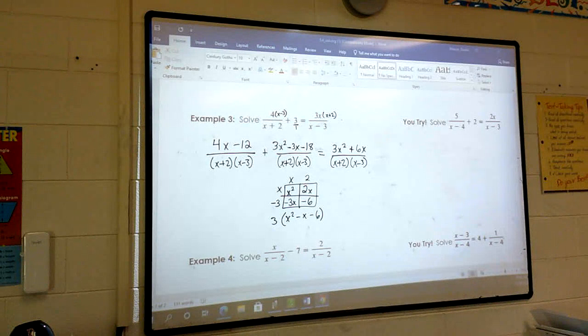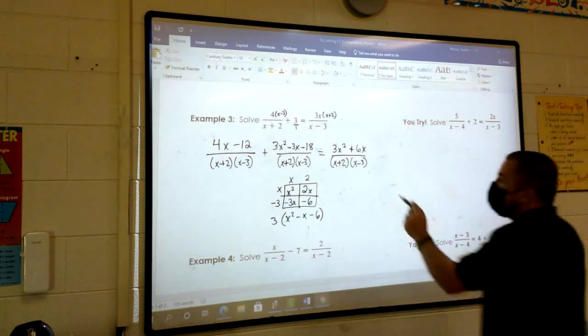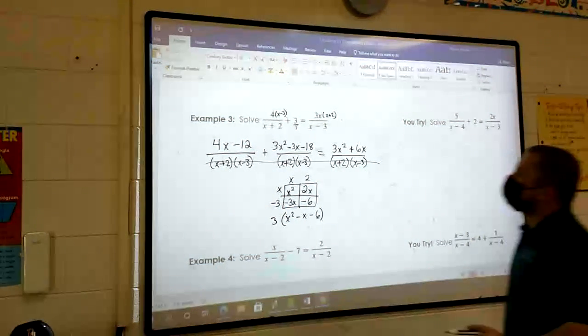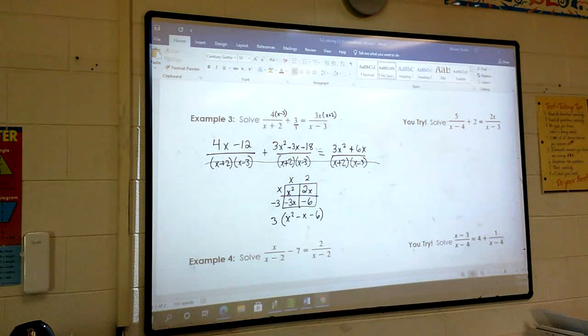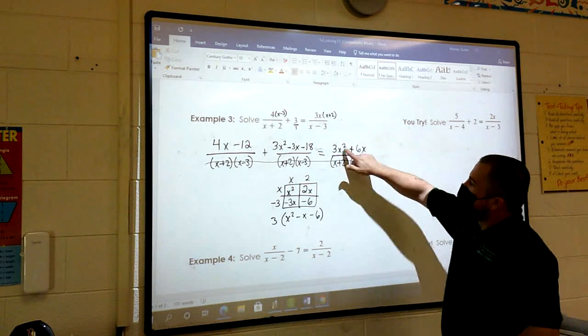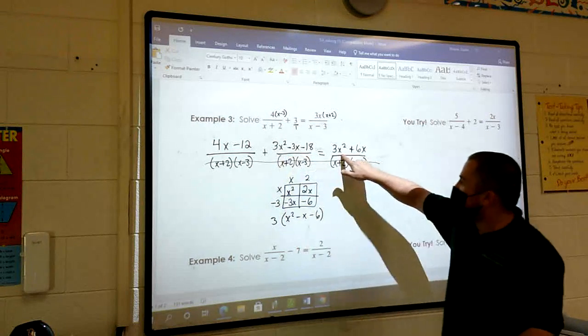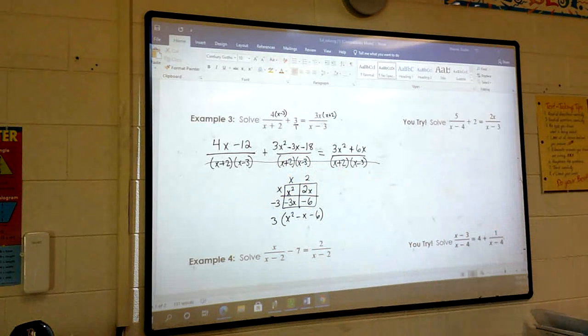Okay? So now we're finally able to cancel out the bottom. Now, something good is going to happen in this one, so that's a good thing. If you notice, you have a 3x squared over here and a 3x squared over here. If you move the 3x squared over, they're actually going to cancel out. If you subtract 3x squared to the right side, you get 3x squared minus 3x squared.